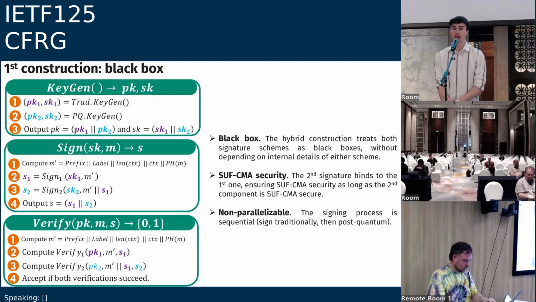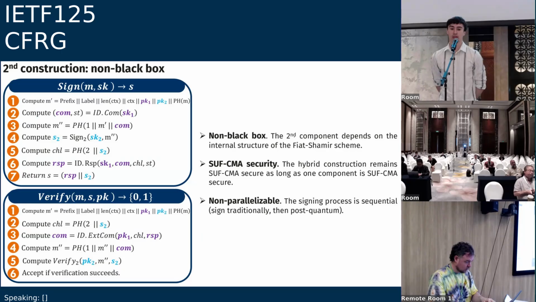That was our first construction, and the second construction of the draft is a little bit different. It's a non-black box construction. It is designed specifically for the case where the first component signature scheme is built from the Fiat-Shamir paradigm, and the second component can be any signature scheme.